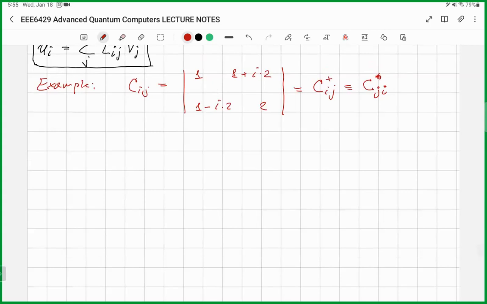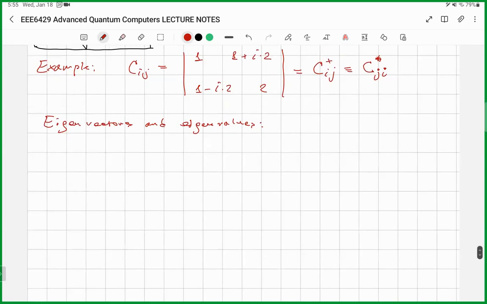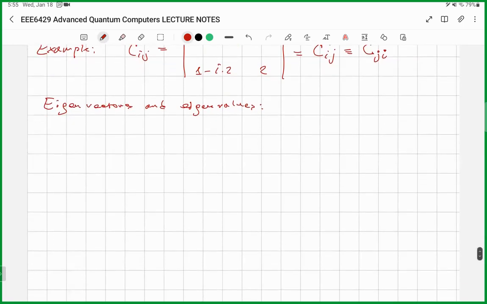Let's say a few words about eigenvectors and eigenvalues. You are supposed to know these things; I just remind you of these results from linear algebra.